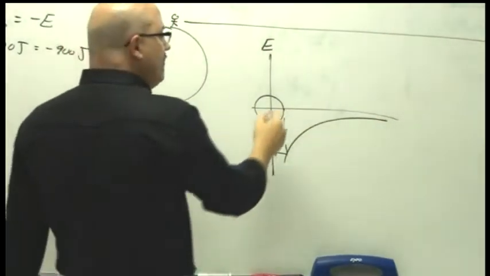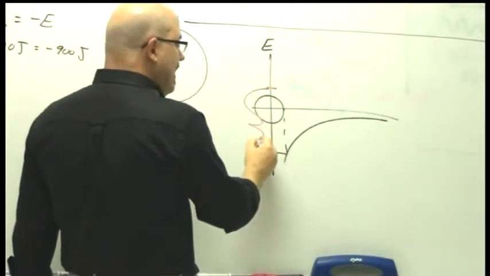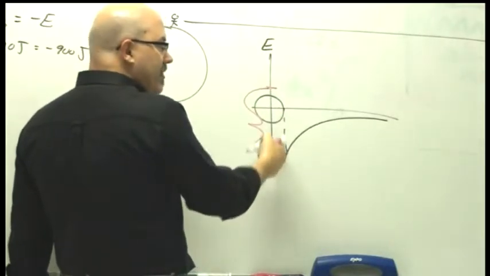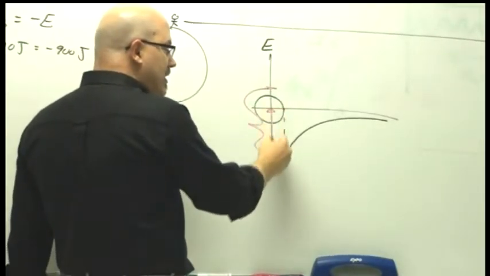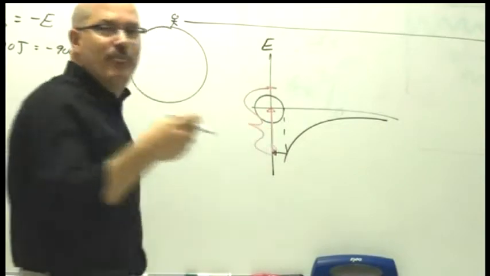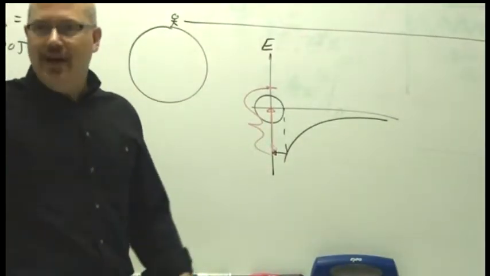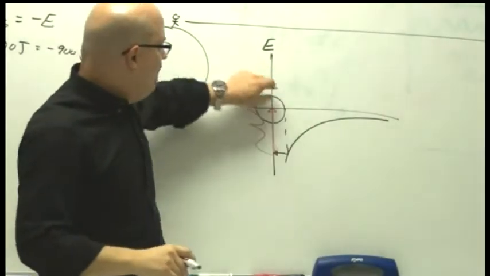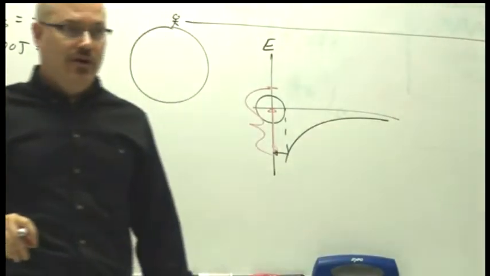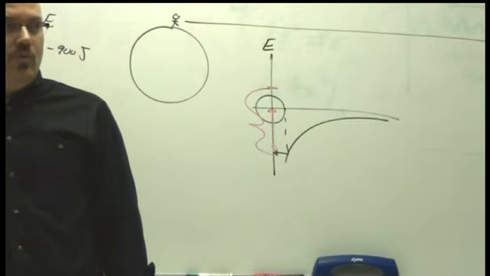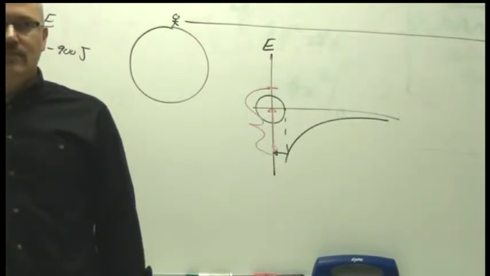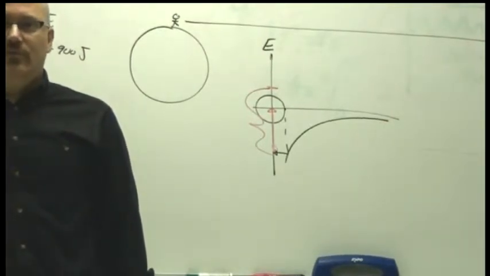If we give ourselves this much kinetic from here to here, then this part of the kinetic will be eaten up by fighting away the potential energy, giving us this much kinetic energy left over. Ooh, negative numbers mess our brains.